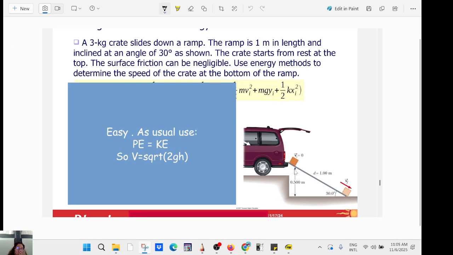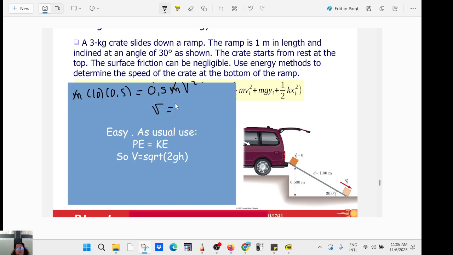So here it has just potential energy, and then it's going to slide, goes into kinetic. So potential energy mgh equals kinetic, 0.5 times mass times the speed squared. So in this situation, it's like free fall, and you remember in free fall, the mass does not matter. So that's why the mass goes away.